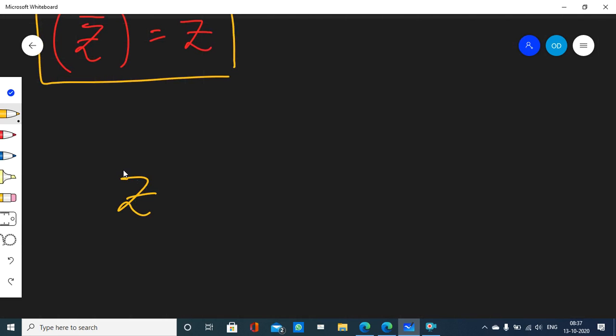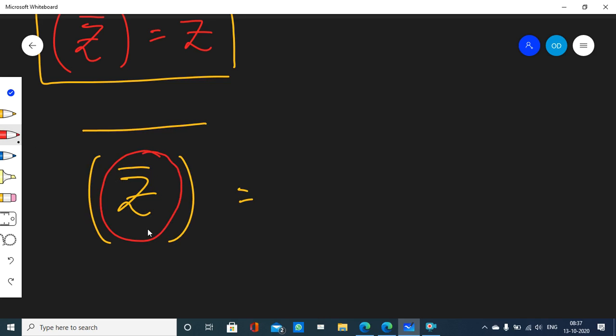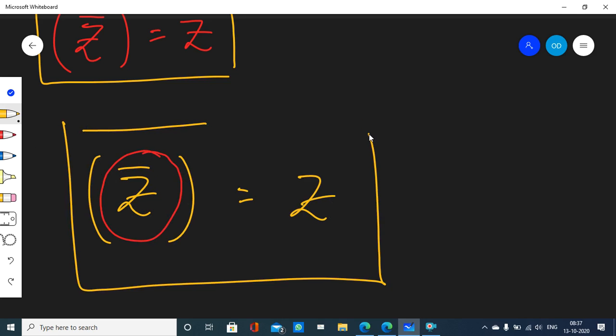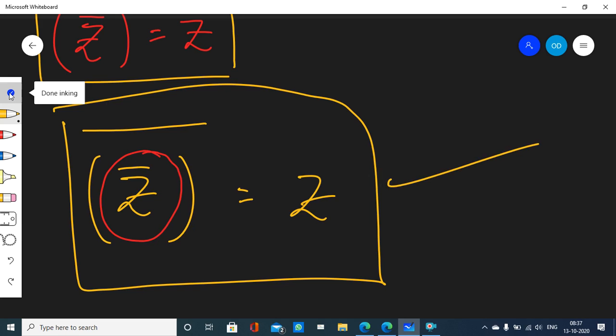If I take conjugate of this, this is a complex number. If I take its conjugate, what shall I get? I know that conjugate of this thing is z itself. So the answer is z, right? Get it?